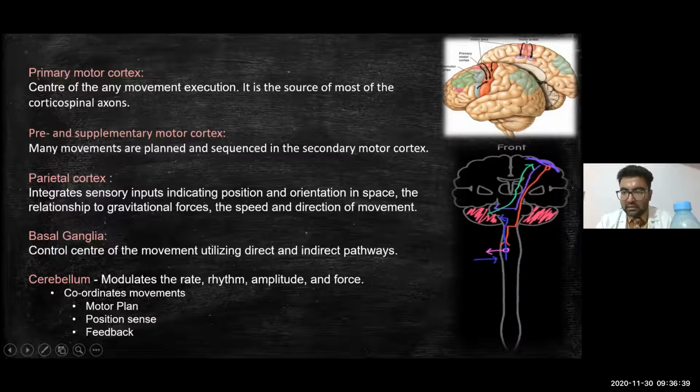Over here, this area which is highlighted in purple is your primary motor cortex. While providing information to the descending corticospinal tract, some fibers also go into the cerebellum.